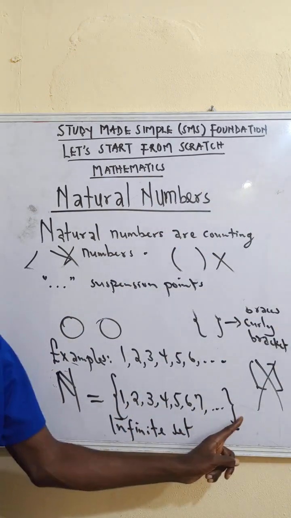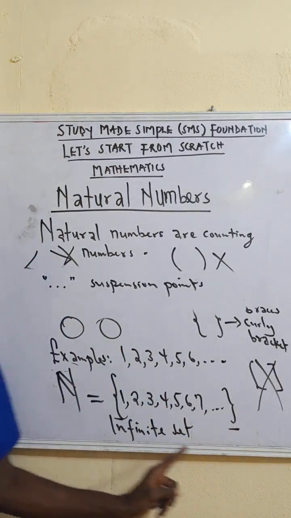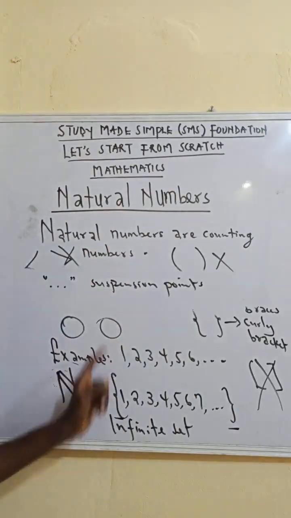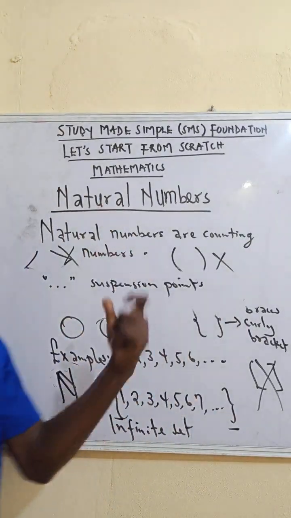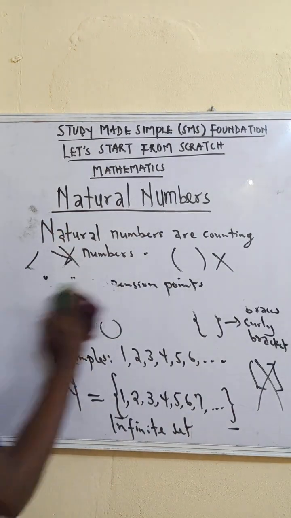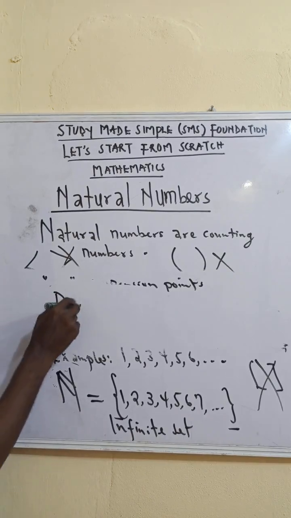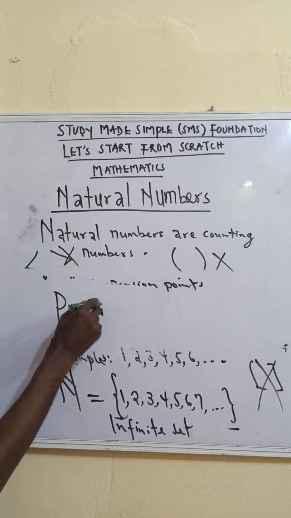Now, the set of natural numbers, because it has beginning, but it does not have end, we call it an infinite set. Any set that does not have end is called an infinite set. Another thing to learn here is that another name for the set of natural numbers is the set of positive integers.